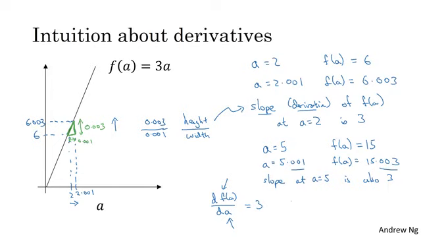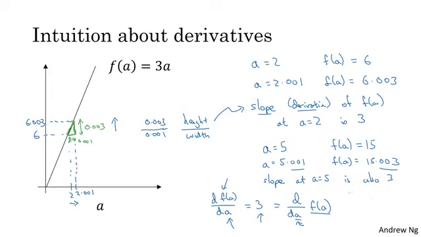You can also write this as d d a of f of a. So whether you put the f of a on top or write it down here, it doesn't matter. But all this equation means is that if I nudge a to the right a little bit, I expect f of a to go up by 3 times as much as I nudged the value of little a.